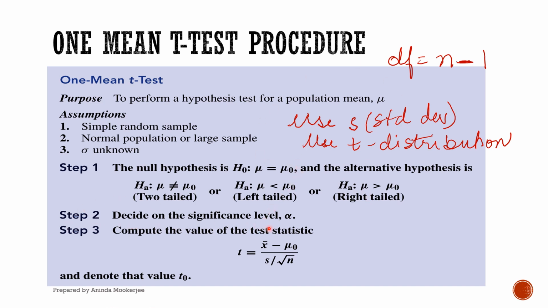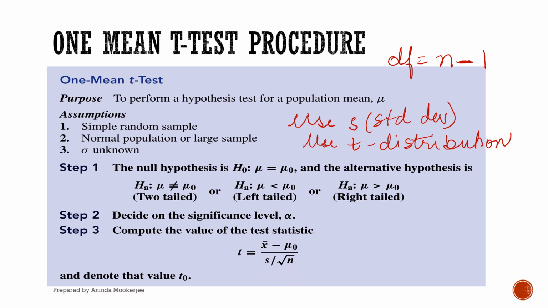Step 2 is to decide on the significance level. In step 3, the formula we are using is for the t test statistic: t equals x bar minus mu sub 0, which is the null hypothesis mean, divided by s over square root of n.